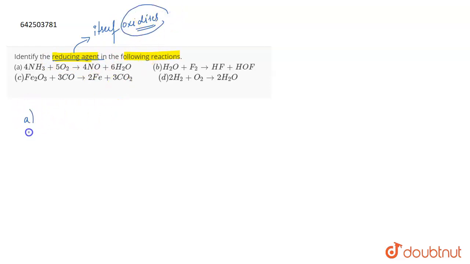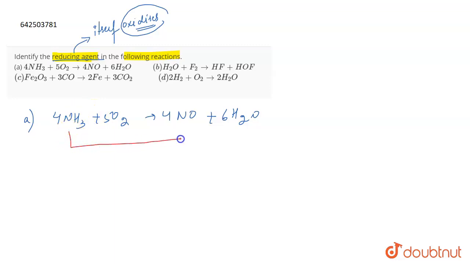Okay, so talking about the first reaction, 4NH3 plus 5O2 giving 4NO plus 6H2O. If you look at this reaction very carefully, you see that ammonia is getting oxidized to NO because of addition of oxygen. Addition of oxygen is oxidation. And O2 is getting reduced to water.